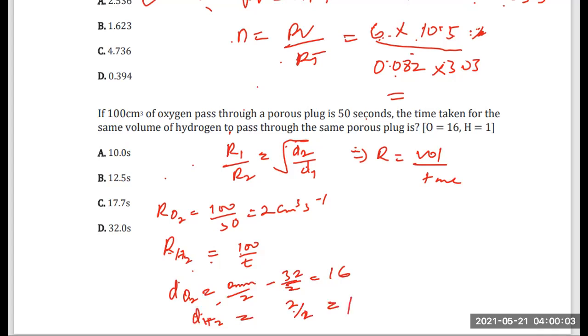Having established this, we can apply the formula. Don't forget 2 is for oxygen.